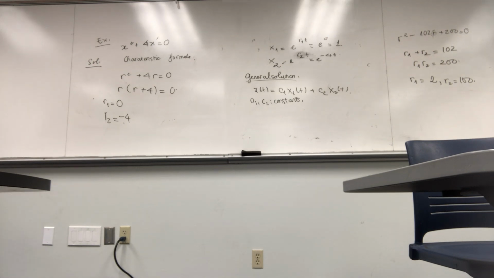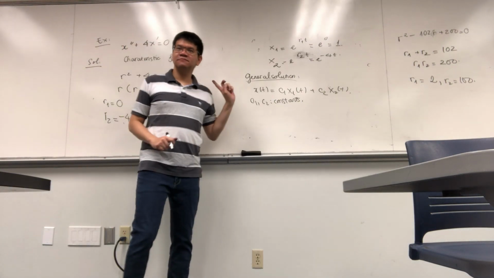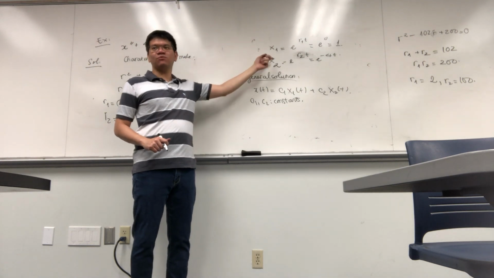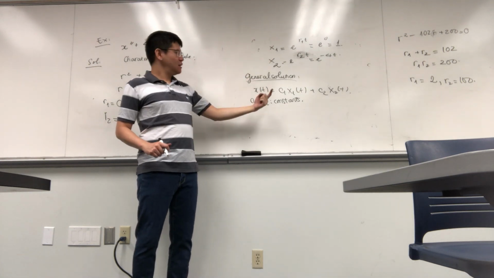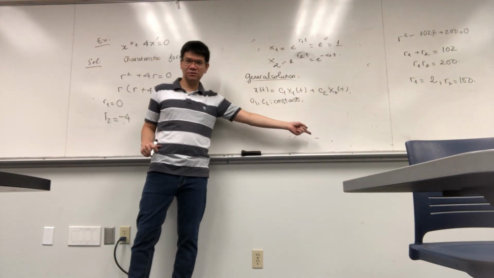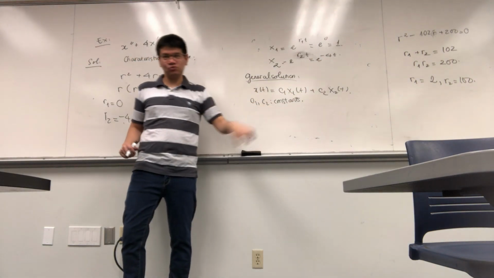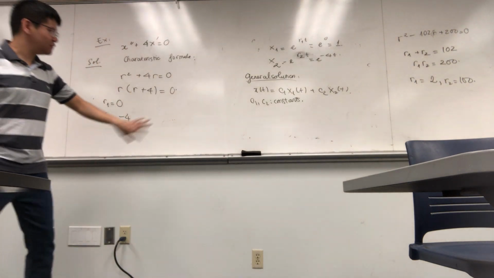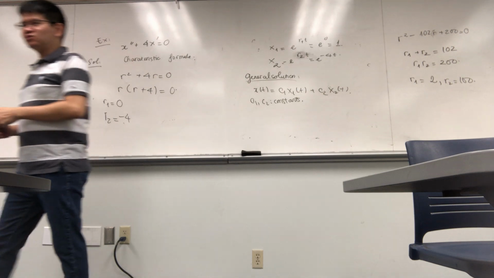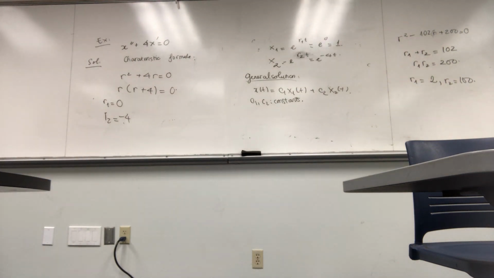Why is it? x1 is one solution of this equation, x2 is one solution of this equation. I combine them by putting some constants C1 and C2. This is the general solution in the sense that if I put any constants here, this will be a solution. Why is it?